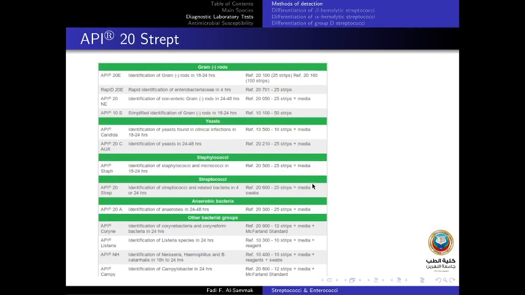Of course, after isolation, here it is part of the cultivation method. I mean, after isolation, you can do this biochemical reaction to do the identification. Also, additionally, there are other strips for anaerobic bacteria and other groups as well.